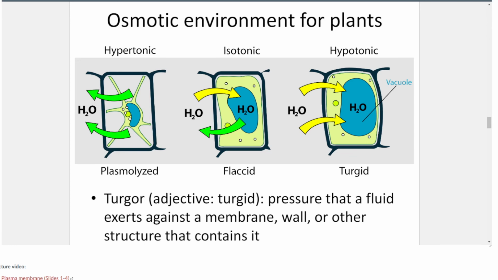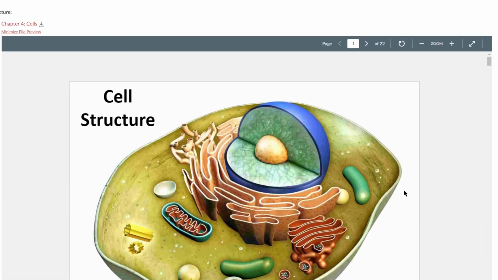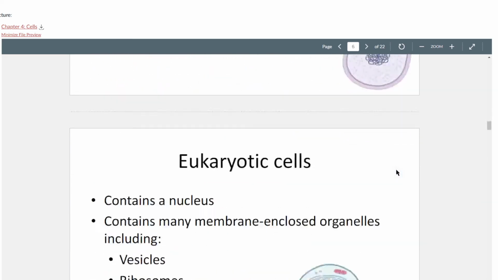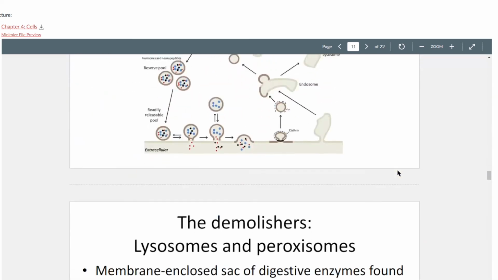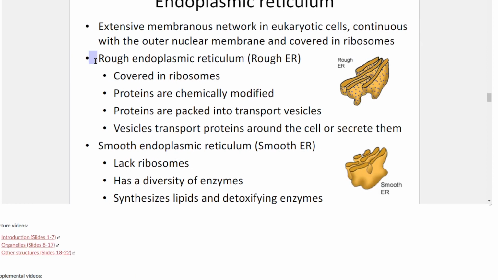Let's see if this has loaded. Yes. So let's talk about endoplasmic reticulum, rough endoplasmic reticulum, and smooth. Okay, here. Okay, it says the rough is covered in ribosomes. Ribosomes make proteins, right? So anything that deals with proteins, it's rough endoplasmic reticulum.